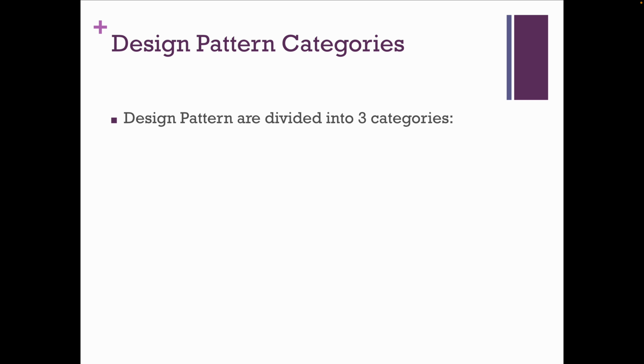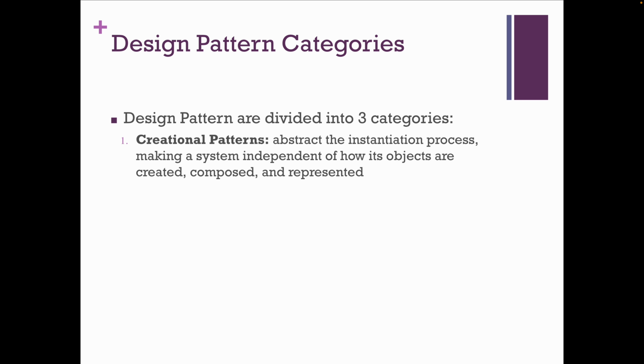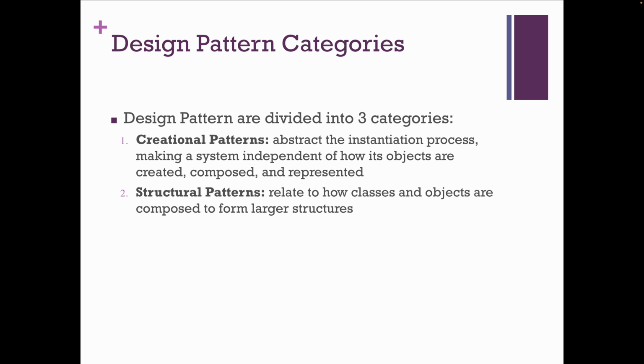Design patterns are divided into three categories. Creational patterns abstract the instantiation process of objects, making a system independent of how its objects are created, composed, and represented. The second category is structural patterns.